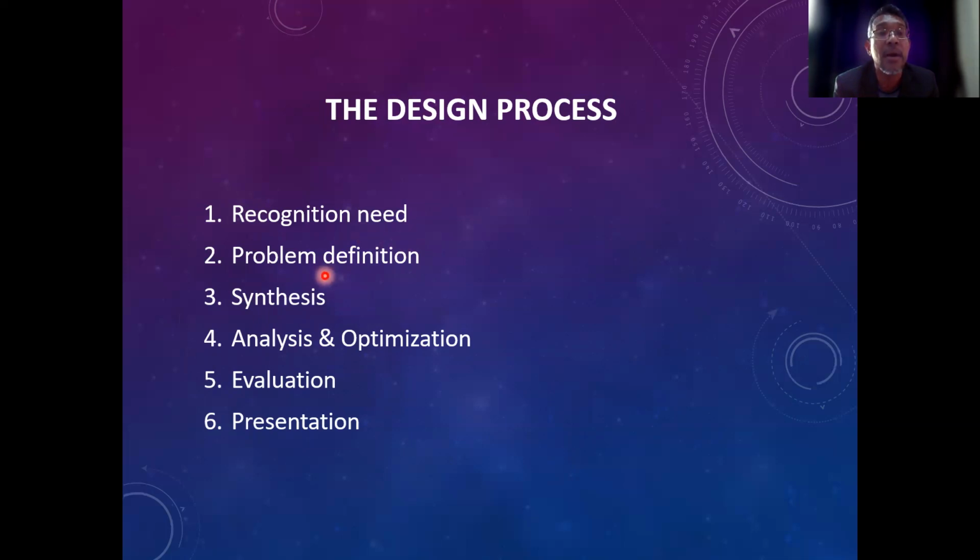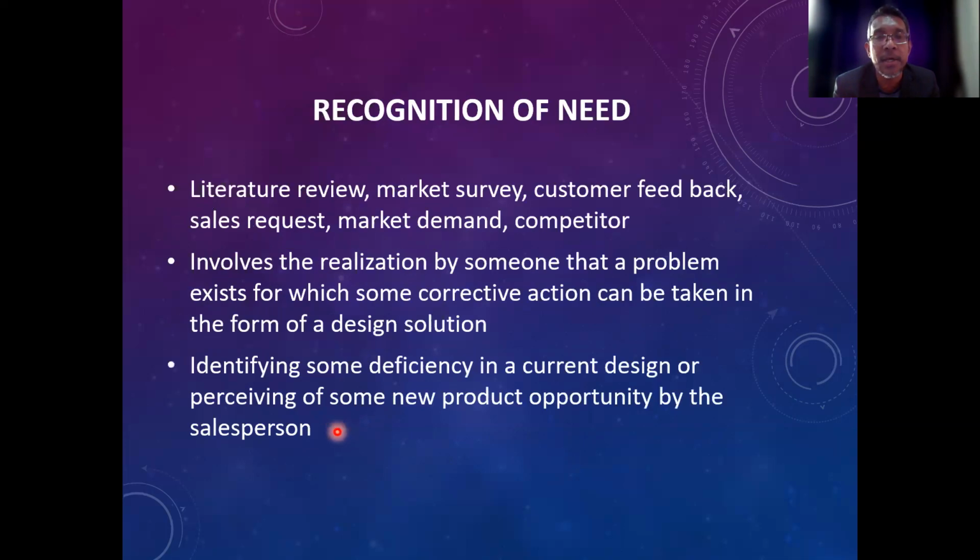We need to study the need based on the problem they face and how to settle the problem. Do the synthesis, do analysis and optimization, and then come out with a prototype to evaluate and then do a presentation. Then we go one by one.